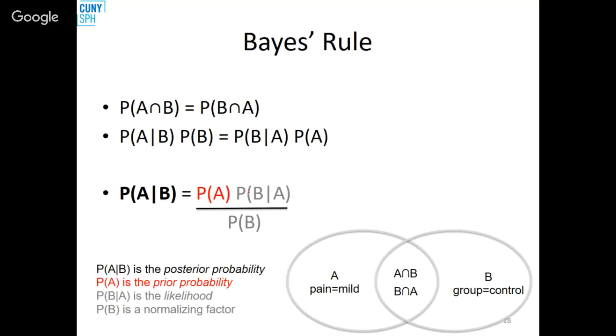And all I have to do is divide through again by probability of B, and we have here Bayes' rule or Bayes' theorem. That tells us what the probability of A conditional on B is, given the probabilities of A and of B and the reverse conditional probability. So it lets us convert between the probability of B conditional on A to the probability of A conditional on B. It's the relationship between these two conditional probabilities.